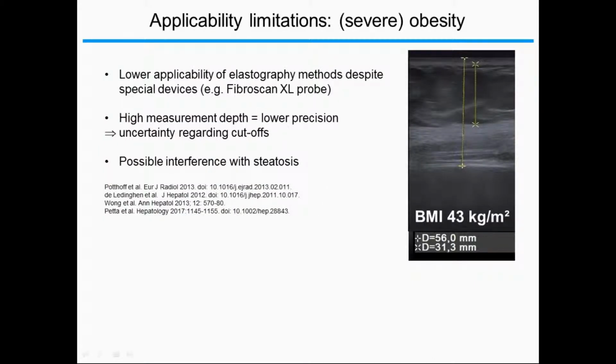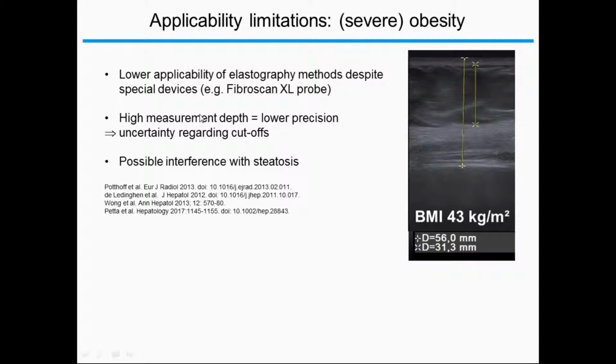When applying liver stiffness measurement, we also need to know where the limits of the method are, and this is of course patients with advanced stages of obesity. So if you have a high skin to liver capsular distance as shown here, it will be hard to gain reliable results, even when applying special probes designed for obese patients.